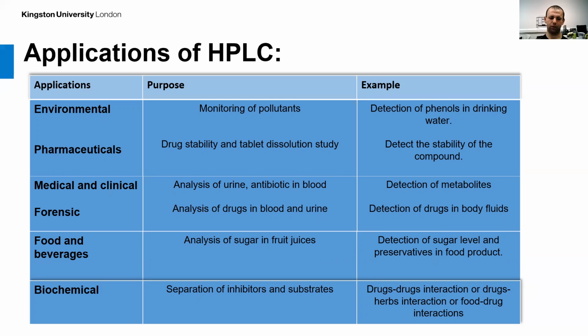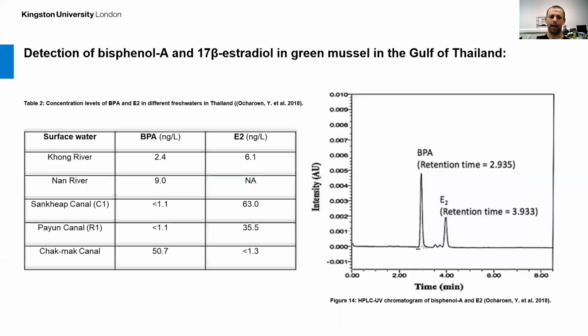And it's finally been used in biochemical applications, separation of inhibitors and substrates, and this has been used in drug-drug interaction, drug-herb interaction, and drug-food interaction. There is a good example about the detection of pollutants in wastewater in Thailand.